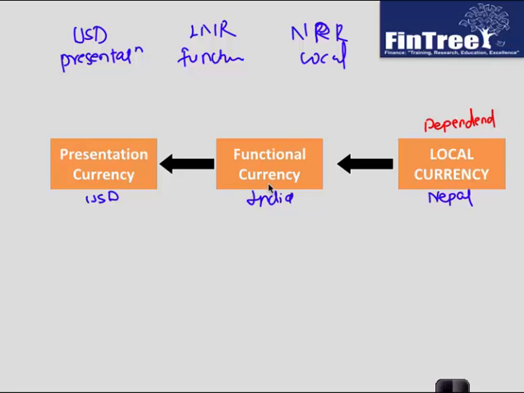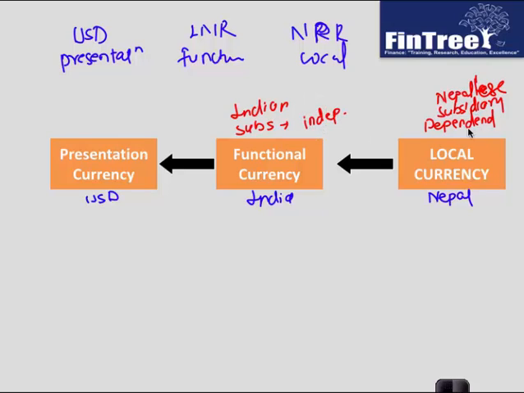Agree? And the Indian subsidiary, so this is Nepalese company, Nepalese with a single E, Nepalese subsidiary is dependent, whereas Indian subsidiary, will it be appropriate to say that it is an independent subsidiary?